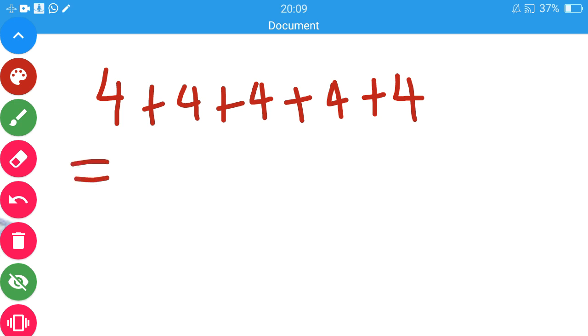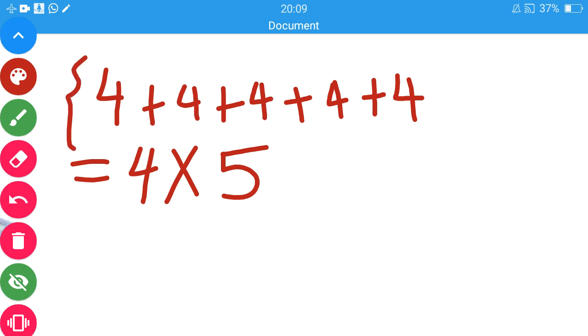Which number is repeating itself? 4 is repeating itself. And 4 has come how many times? 1, 2, 3, 4, 5. So, 4 into 5. So, this is called repeated addition. What is multiplication? Multiplication is nothing but a repeated addition.